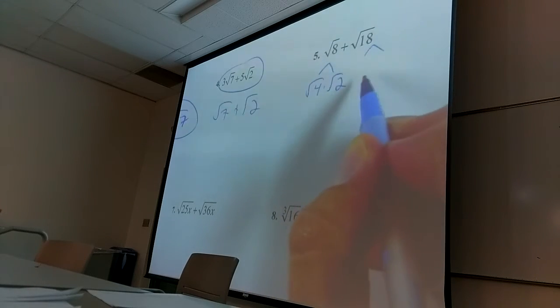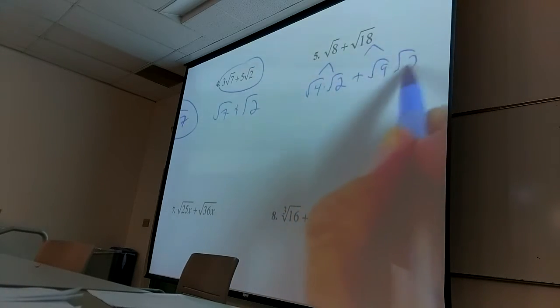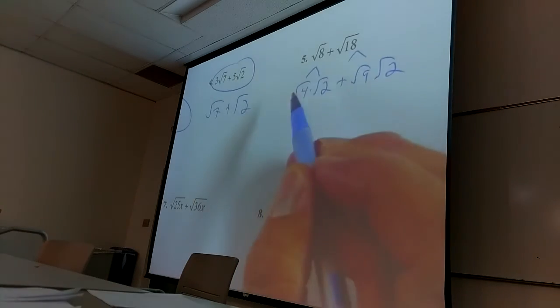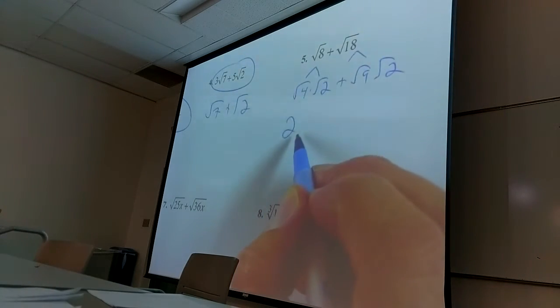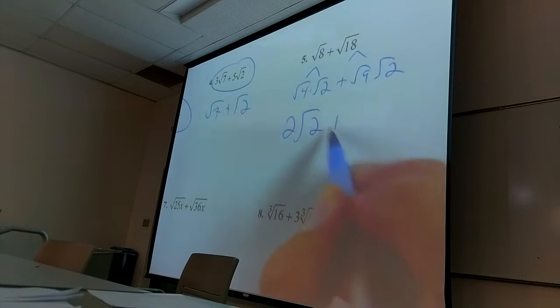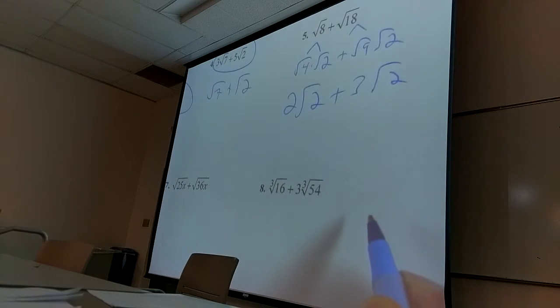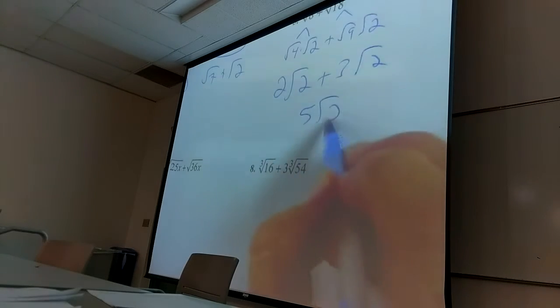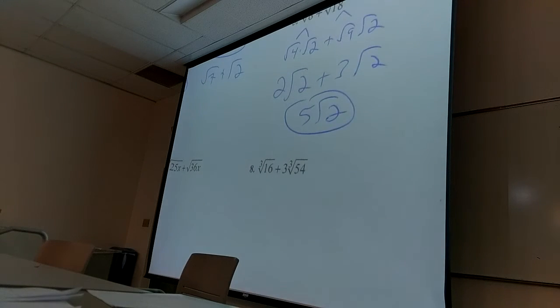Square root of 4 is 2. Square root of 2 is, I don't know. Square root of 9 is 3. Square root of 2 is, I don't know. So I got 5 total things I don't know. I like it.